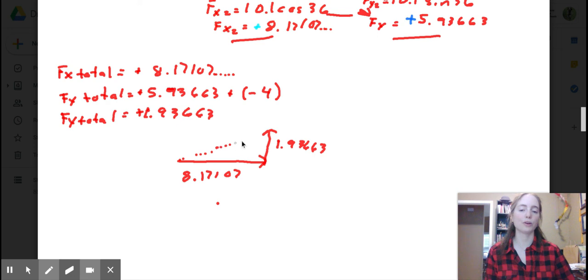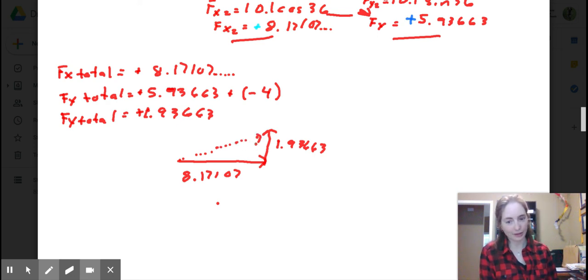Remember, this is only one of 2 correct ways to draw your triangle. Okay, you can draw your triangle like this, or you can draw it the other way. And for no particular reason, I've chosen to draw it like this. Okay, there's my theta.